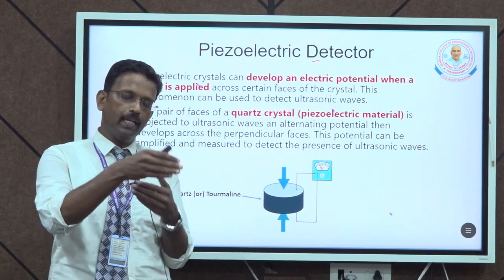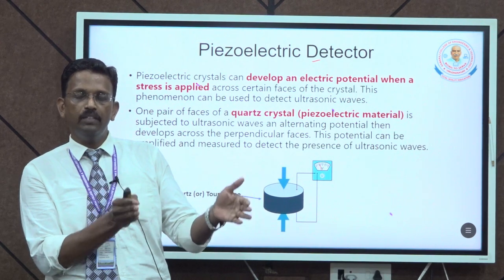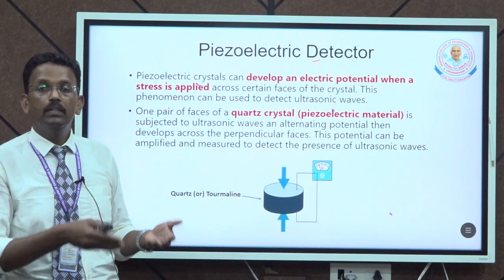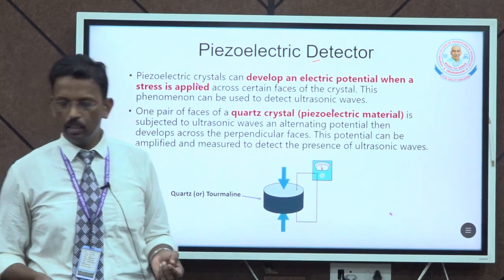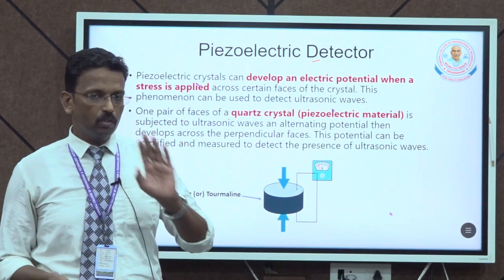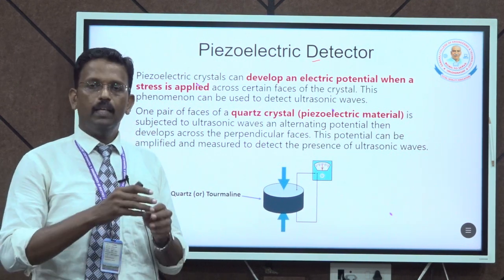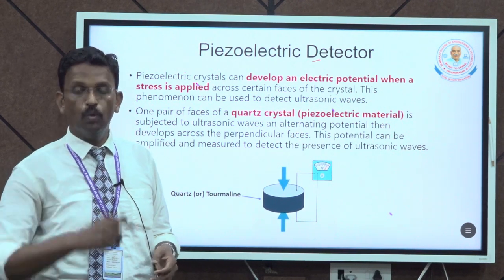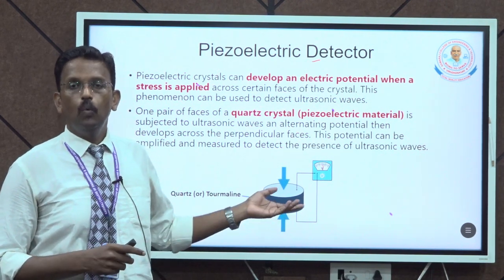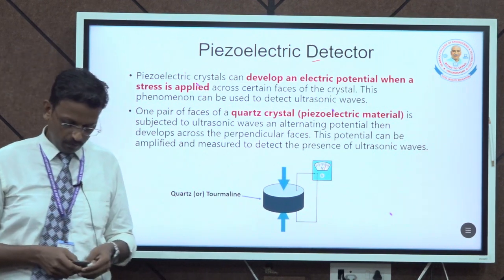Due to the mechanical stress on one side, it produces a voltage difference on the other pair. That voltage difference can be easily sensed with a voltmeter. When an ultrasonic wave passes through it, the voltmeter shows a deflection. When there is no ultrasonic wave, the voltmeter shows a null deflection. With this, we can easily detect the ultrasonic wave.